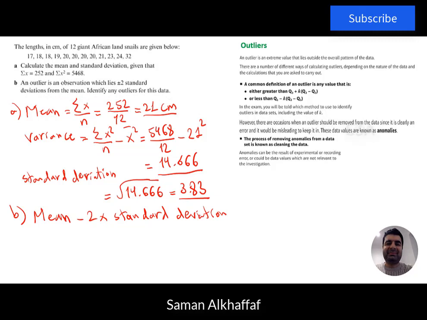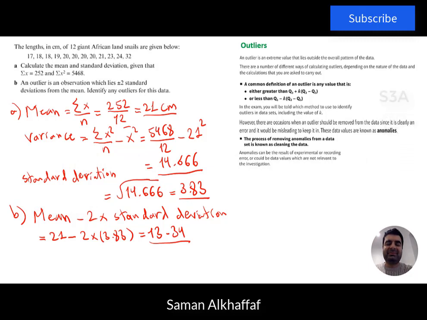In this scenario we have 21 take away 2 multiplied by 3.83, so that will give us 13.34. So this will be the expression that we find for the negative values.